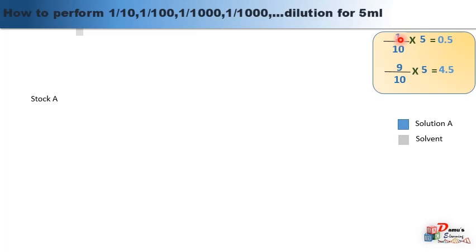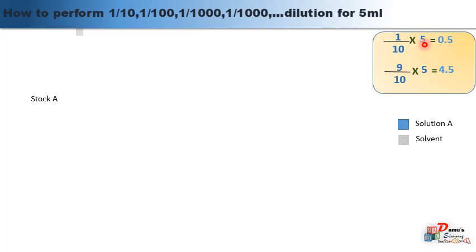So the rest 9 parts will be the solvent. If you want to find out how much of solute or stock you have to take, it should be done like 1 by 10 into 5, which is 0.5, and you can subtract 0.5 from 5 to get the amount of solvent that you have to add.